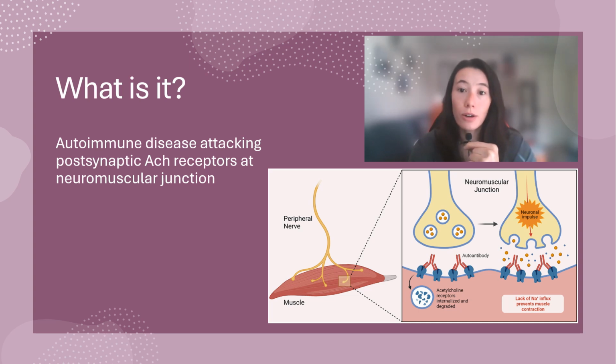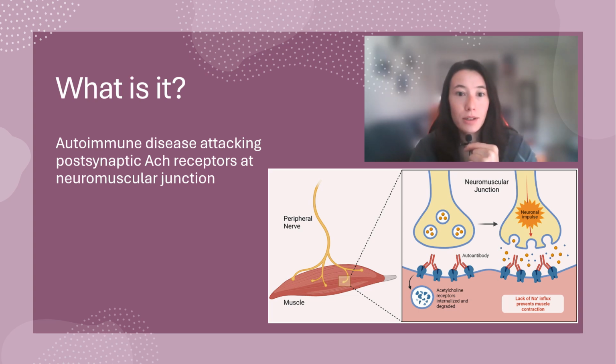Now, do these autoantibodies affect literally every single one of those receptors that are present? Keep in mind that there are millions of receptors, so the answer is no. They're not going to affect every single one. So there will still be access to be able to connect some acetylcholine neurotransmitters with their respective receptors.